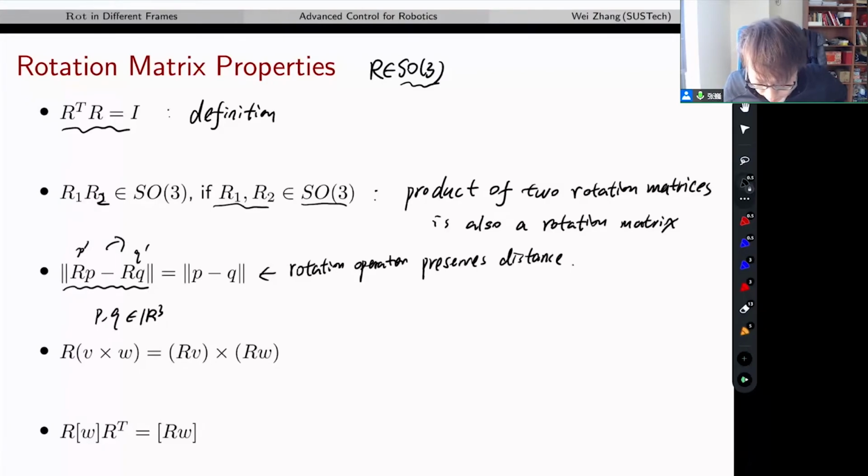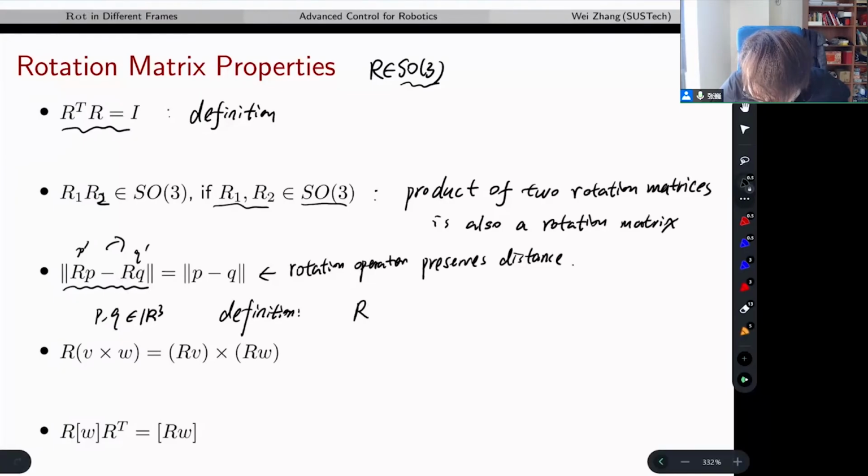How do you prove it? Fuzhen. The determinant of R is 1. So I don't think that can be proven though. I can have a determinant of 1. Anyway, this is also by definition. This is easy, I can go over it. It's like R times P minus Q, right? If you take a square, it is equivalent to prove the square is the same, right?